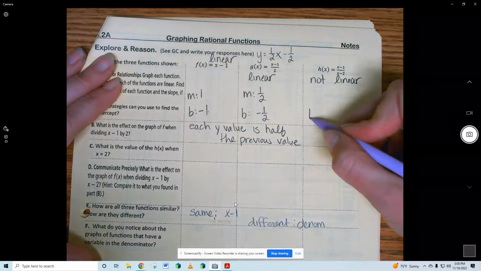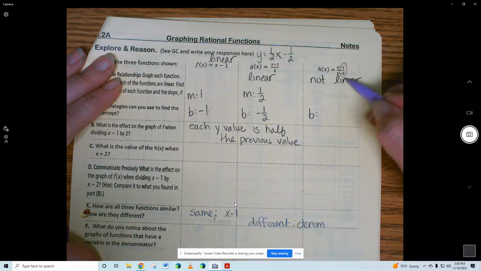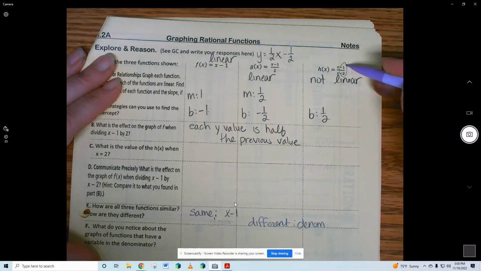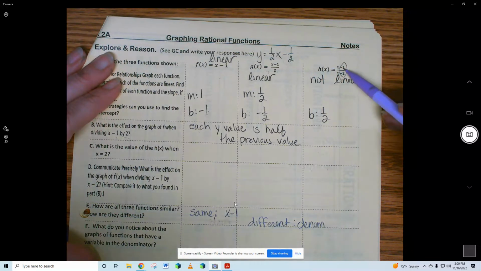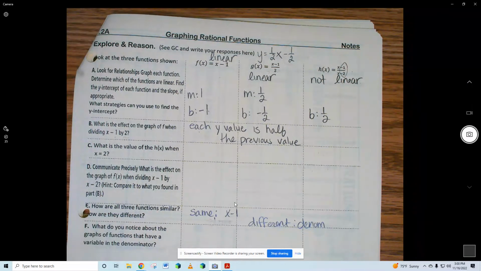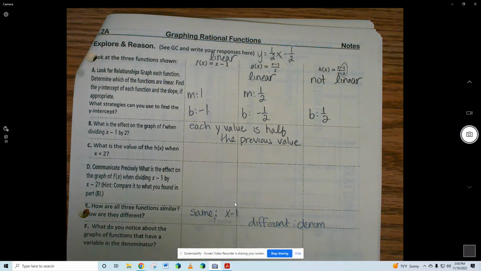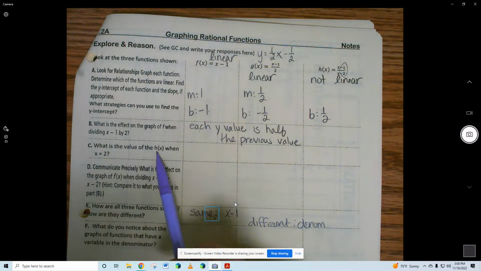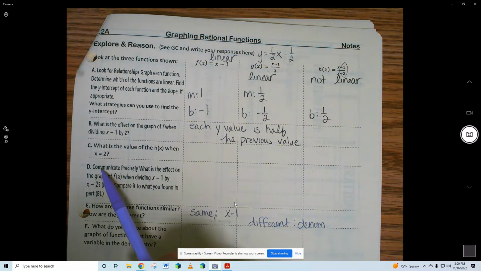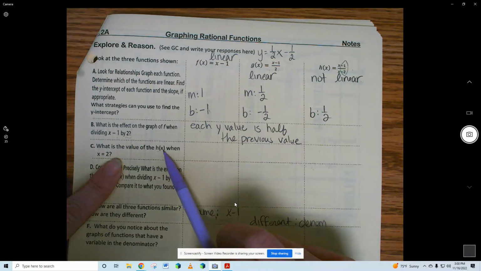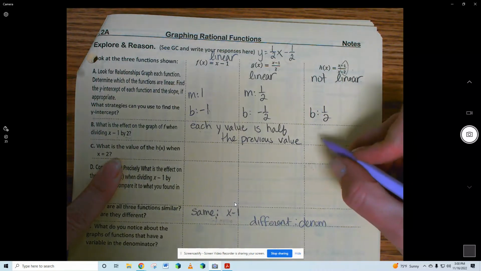The only thing I know about this is that the y-intercept would be 1/2. And I know that because of the ends of the binomials, the numerator and the denominator. Okay, so let's see. What is the value of h of x when x equals 2?